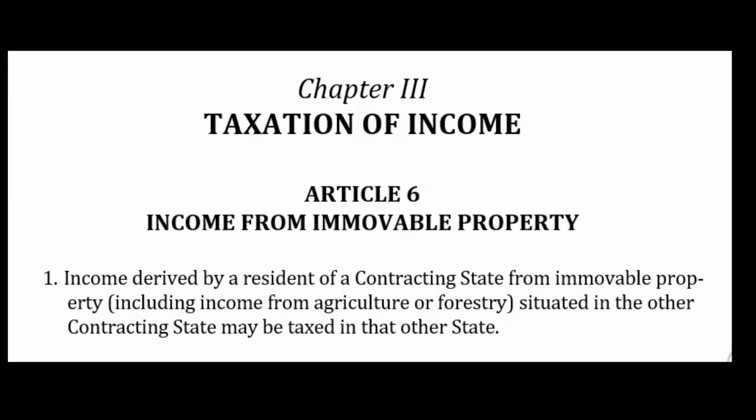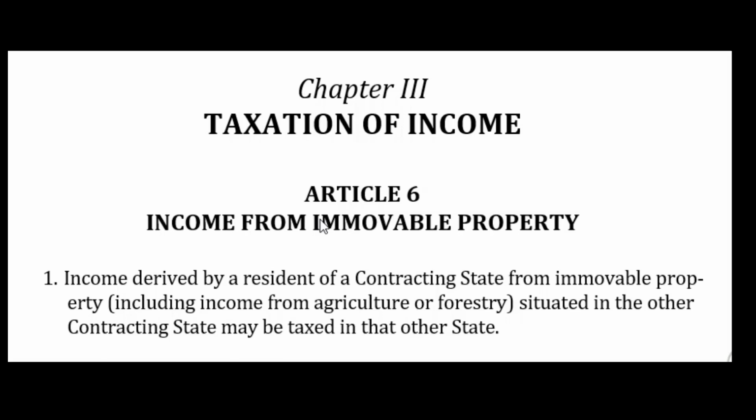Here is it. We had that already in another context mentioned today. Income from immovable property. Yes, naturally, a house is immovable property. That's clear. Clearer it can't be. Income derived by a resident of a contracting state. Now we fill in income derived by a German from immovable property in the other contracting state.